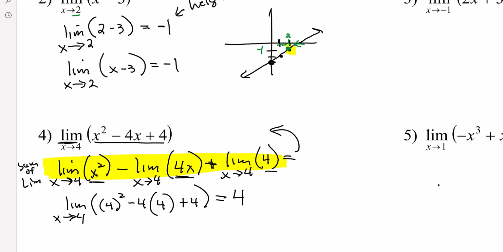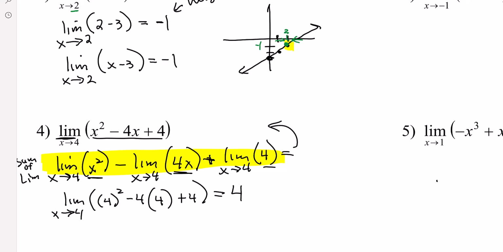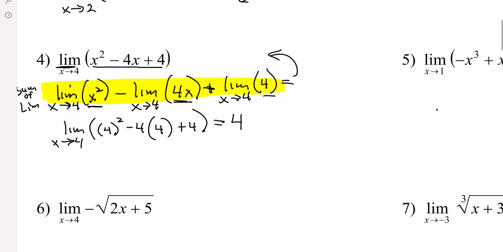So if you're doing this quadratic equation, as x approaches 4, you would be at a height of 4. So that would be the point (4, 4). All right? And then you would rewrite it as the original function.